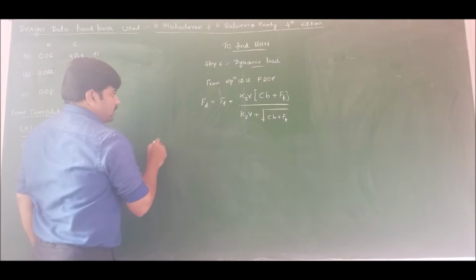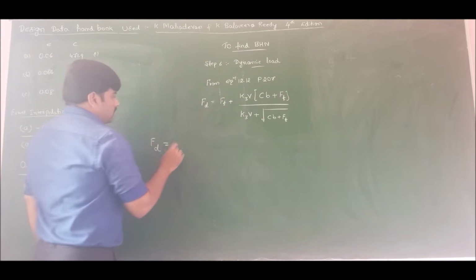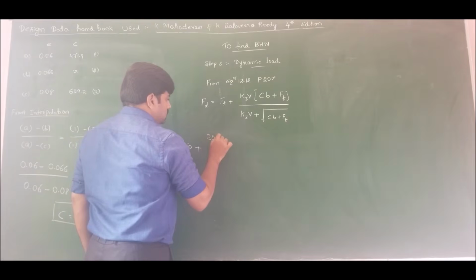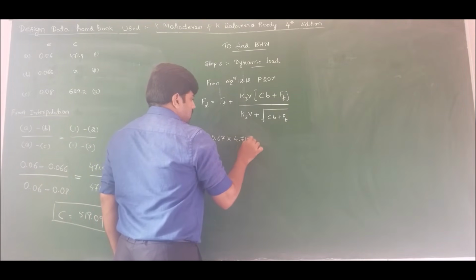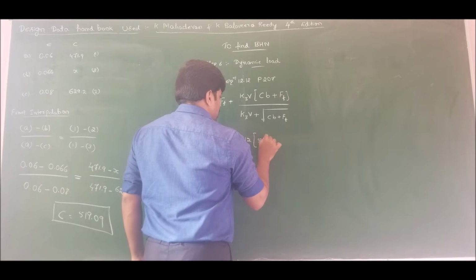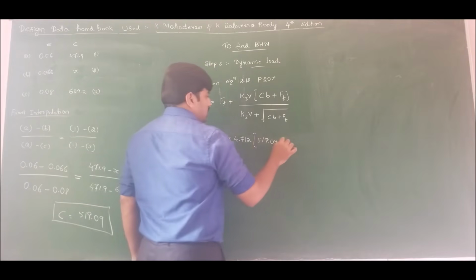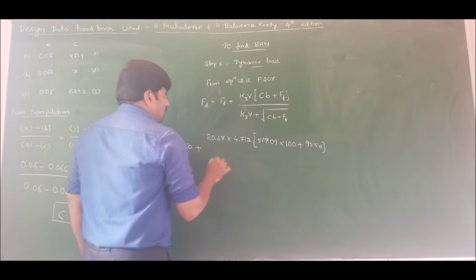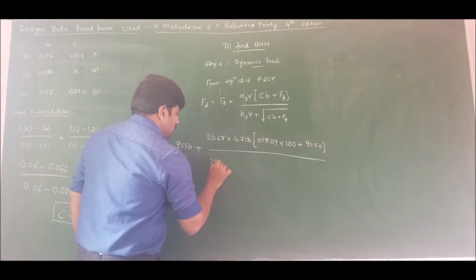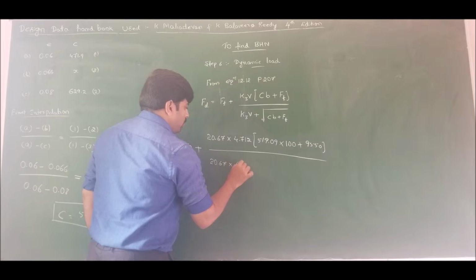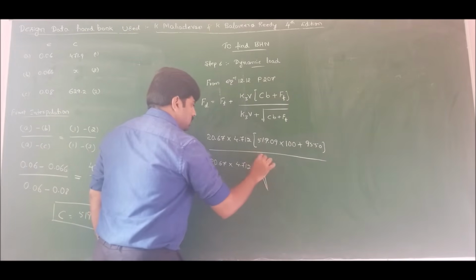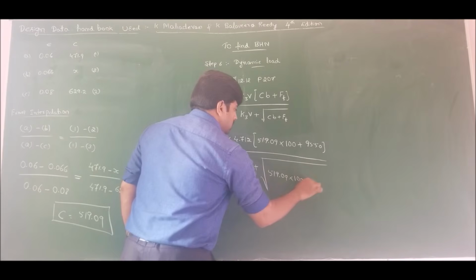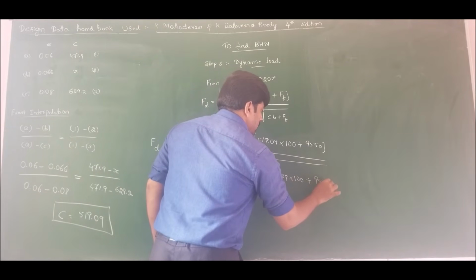Substituting into this formula, FD, the dynamic load, is equal to 9550, the tangential load, plus K3, given as 20.67 for SI units, times velocity 4.712 multiplied by C, 519.09, times face width 100, plus the tangential load 9550, whole divided by K3 value 20.67 times velocity 4.712 plus square root of C 519.09 times face width 100 plus FT 9550.